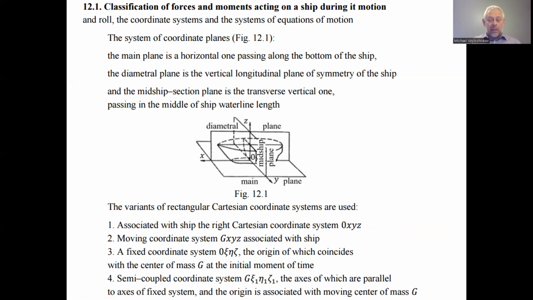right coordinate system. Sometimes in ship issues, for example for the rolling of a ship, the left-handed coordinate system is likely used.